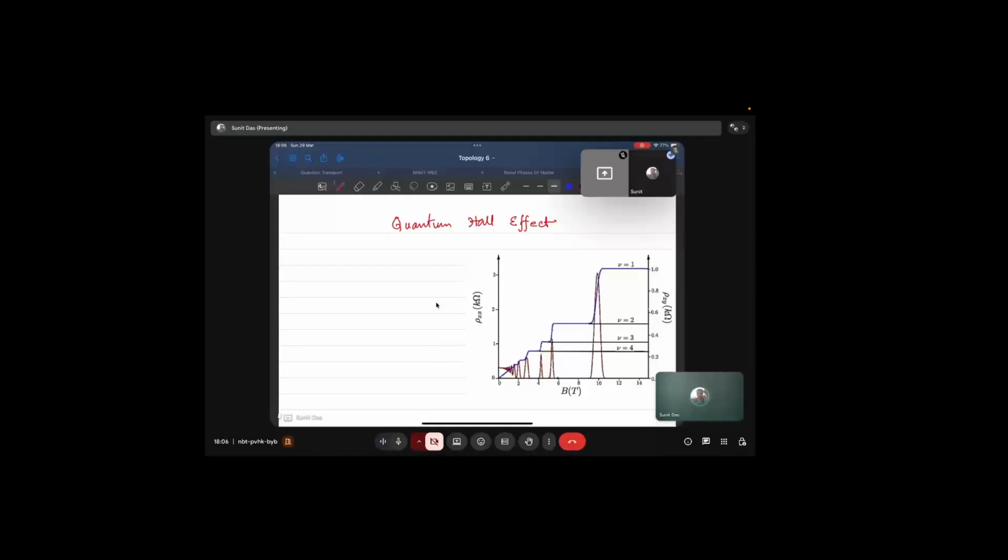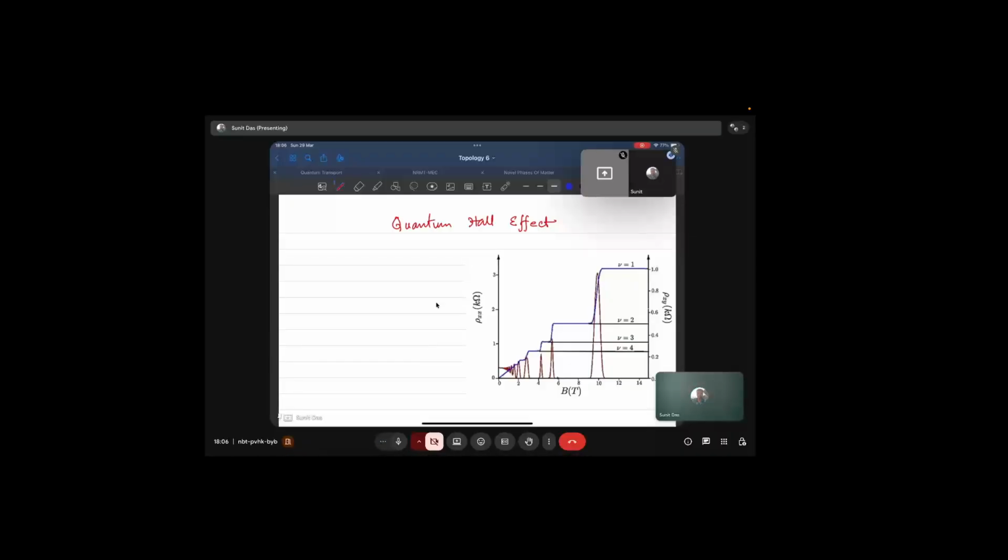I'll cover some of the things which are already there in the lectures, and then some of the things which may not be there in the lecture in great detail. It'll be brief, but my plan is to capture the essence of the quantum Hall effect as simply as possible.